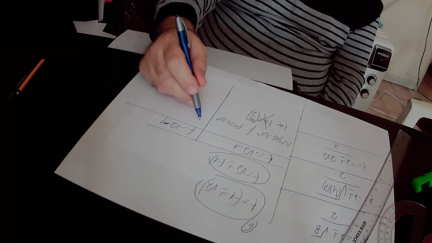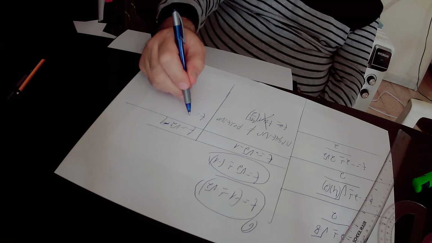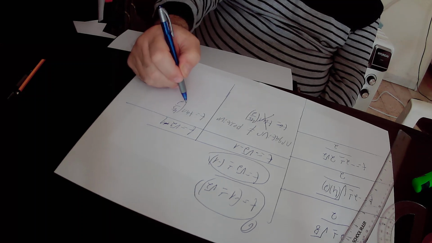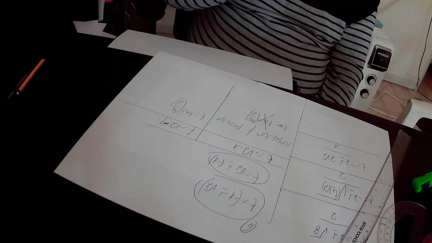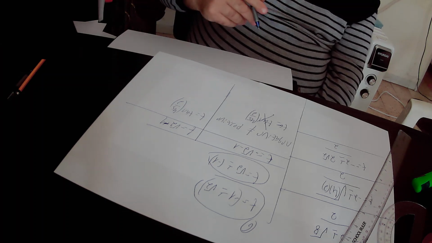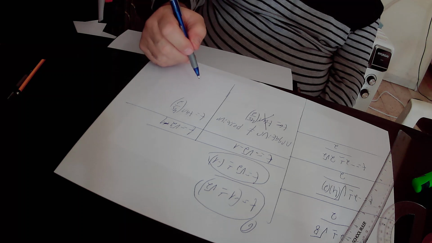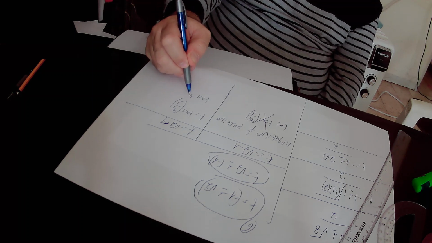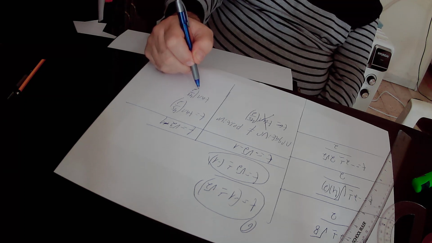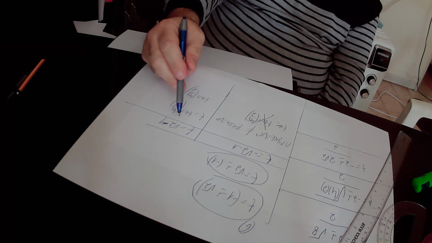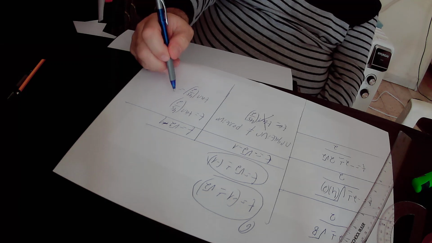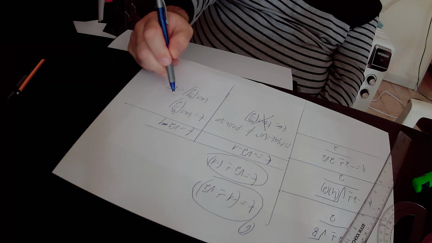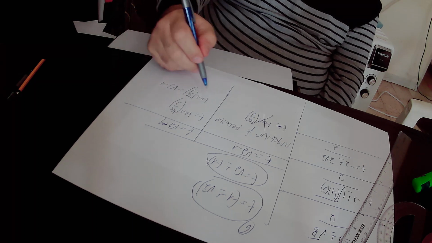Again, according to our definition, t equals tangent of 45 over 2 degrees. So tangent of 45 over 2 degrees equals t, and t is the square root of 2 minus 1.